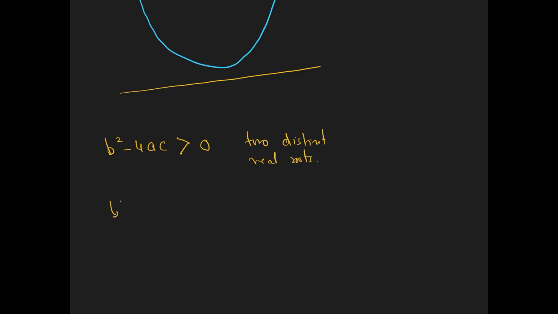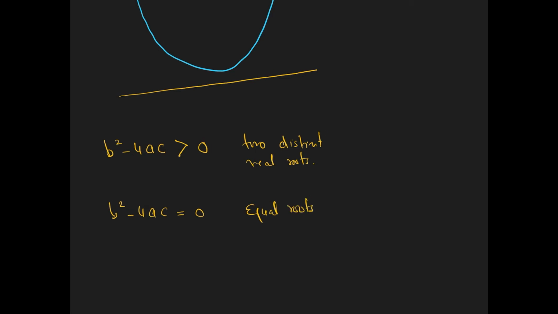We also know that if b square minus 4ac is equal to 0, then we have equal roots or repeated root. And finally, if b square minus 4ac is negative, that is, if it is less than 0, there are no real roots.